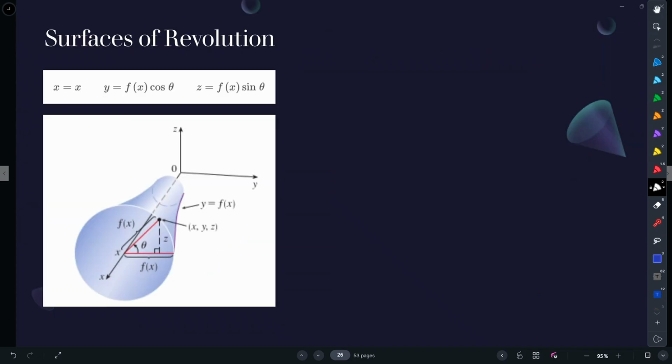Okay? Now, there's another type of surface that is really useful to know how to parametrize, which is surfaces of revolution. So what we're going to do is start with the graph of a function between some a and b.